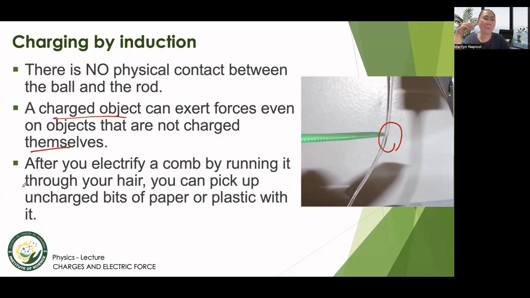Okay, so kaya kung minsan, kapag nagsusuklay kayo, dumidikit kahit yung mga balakubak kasi na-attract siya dun sa suklay because the comb has a certain charge. Okay, ganun din yung buhok. Kahit na hindi talaga siya nakapulupot dun sa comb, ang tendency, yung mga loose hair natin, na-attract siya dun sa comb because, again, the comb is now charged because of friction. So, ulitin ko lang, nagkakaroon tayo ng mga charges kapag there is typically friction between two surfaces.